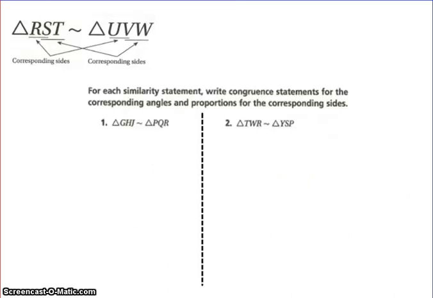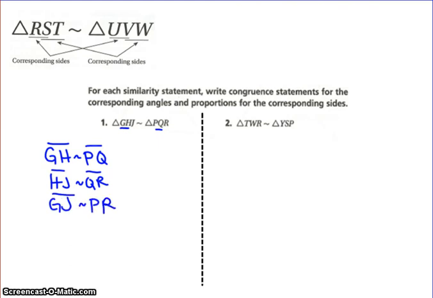Alright, so remember that when we talked about triangle congruence, it was very important how we named things. And the same applies for similarity. Okay, so if I were to look here, GH and PQ, those are the corresponding sides. Now they're not congruent, however they are similar. So HJ is similar to QR, and GJ is similar to PR.